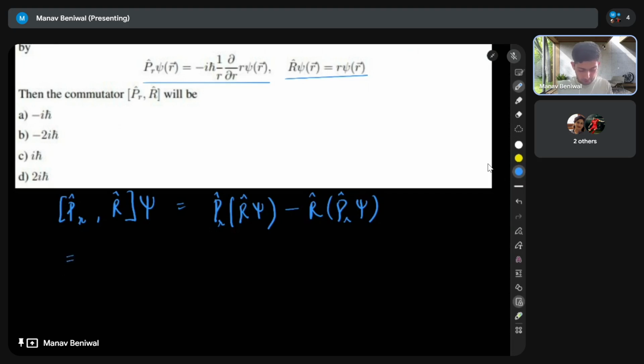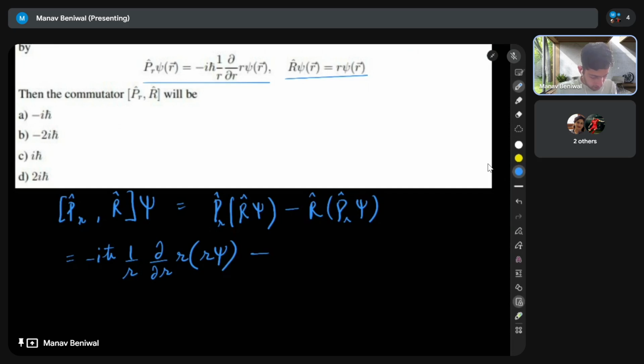So this then becomes minus i h-cut, 1 by r, del by del r, and instead of psi, this R operating on psi will give us an additional r psi.